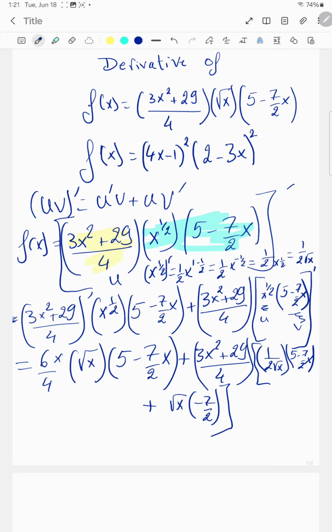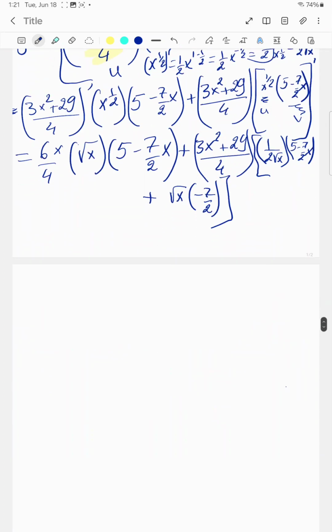Well, you can stop here, or let's do a little bit more. I can simplify by 2 here, so it becomes 3 over 2x, square root of x. Keep it: 5 minus 7 over 2x. It's not worth it to multiply the square root of x by 5 minus 7 over 2.